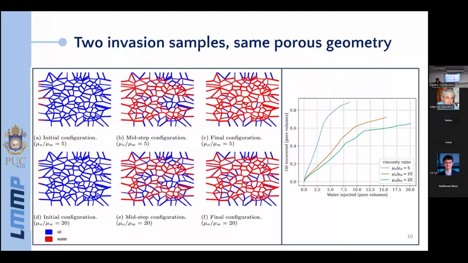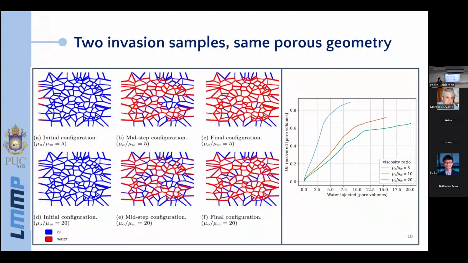So in here, I'm showing the dynamics of the invasion. In the first column, I have my initial configuration with the porous media filled with oil. And as the columns pass by, the dynamics of the invasion evolves. In the first row, I have my lower viscosity ratio case.